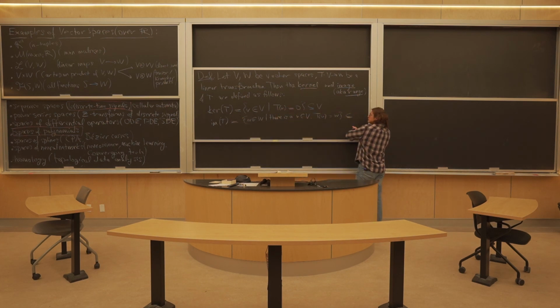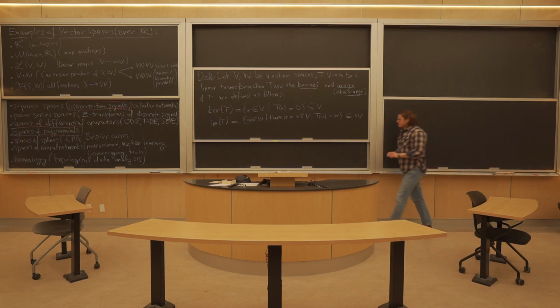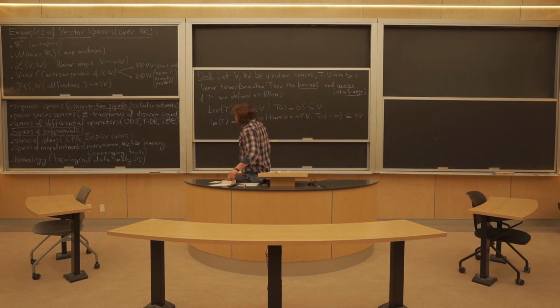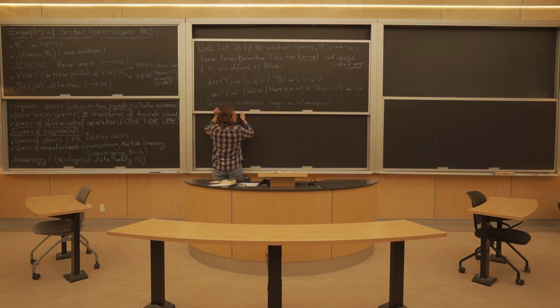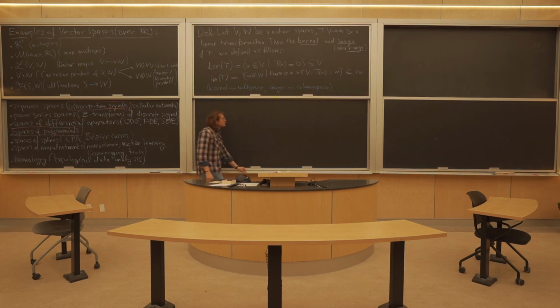And so now this is a subspace of the target. Okay, let me also record it here. Kernel is the analog of null space, and image is the analog of the column space. Okay?